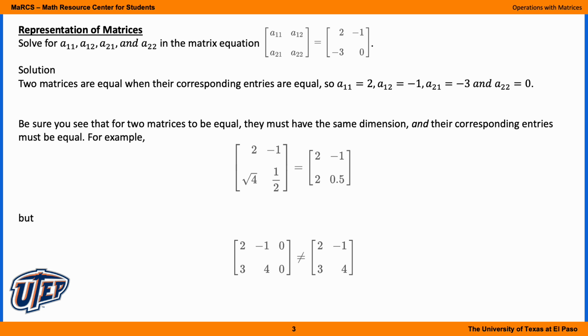But here we're given a matrix with entries 2, -1, 0, 3, 4, 0 on the left-hand side, and on the right-hand side, a matrix with entries 2, -1, 3, and 4. The left-hand matrix has 3 columns, whereas the right-hand matrix has 2 columns. So the matrices cannot be equal.